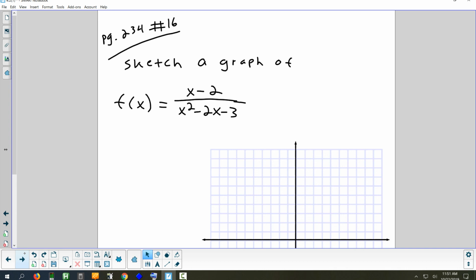If I were to do that one, where would my horizontal asymptote be? 0. It would be at 0, because the end behavior would be 1 over x. To find the vertical asymptotes, what would you have to do in the bottom? Factor. You'd have to factor it. So is there any question how you do that one? How about, you should be able to tell me your X-intercept.